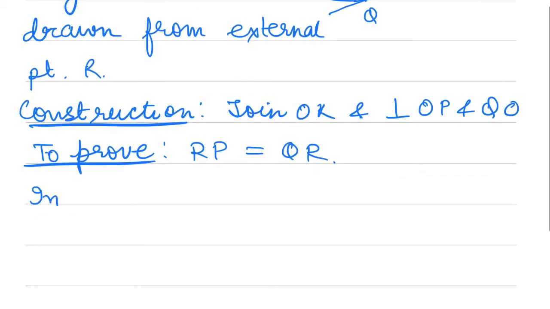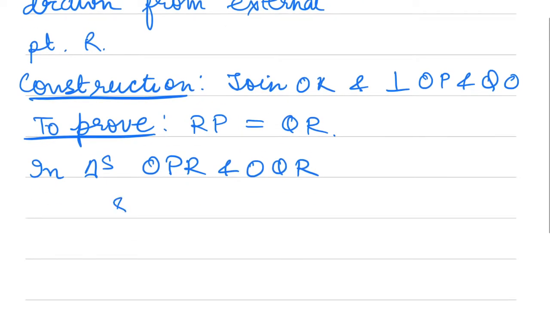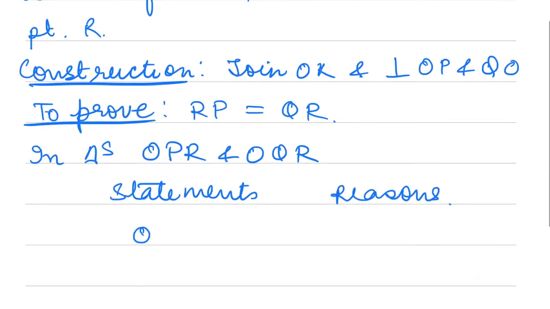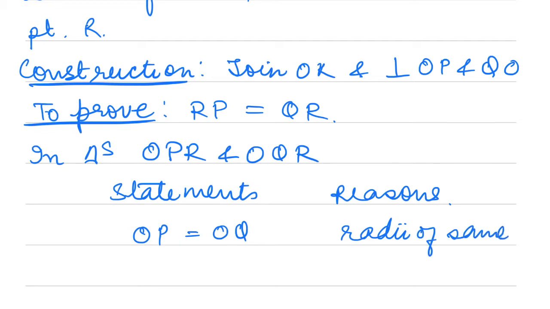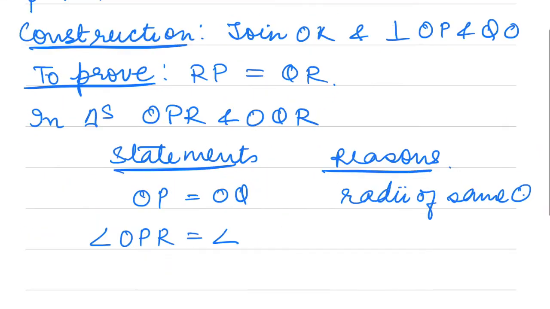Now in triangles OPR and OQR, we have to write down the statements and we have to write down the reasons. OP is equal to OQ, both are radii of same circle. Angle OPR is equal to angle OQR is equal to 90 degrees, right?